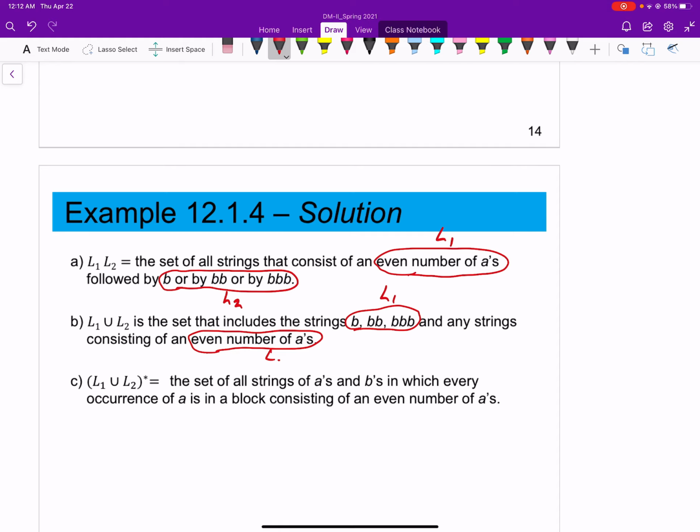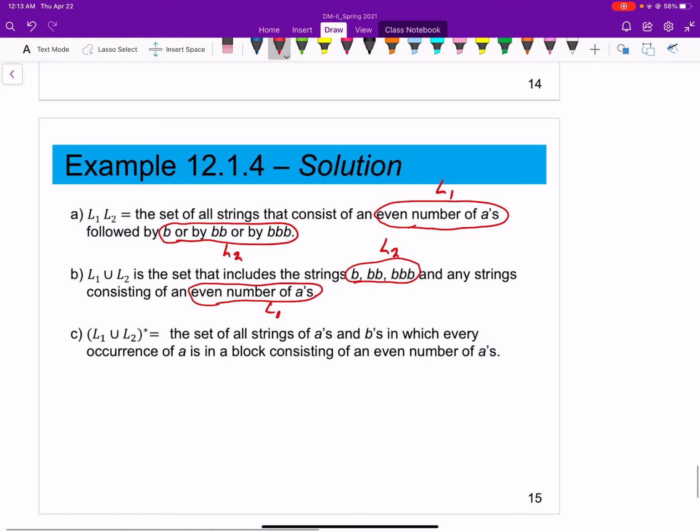I'm sorry, I made a mistake. This is L1, that is L2. All right. And finally, you have to find the Kleene closure of L1 union L2.